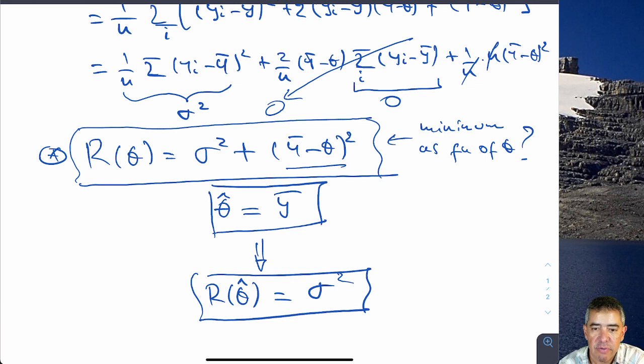We can't do better than the sample variance. That's the least minimum squared error that we can get. And then beyond that, we get this extra contribution. And if we want the minimum possible value, we try to make that extra contribution, which is the deviation from the mean, be equal to 0 by picking the mean.